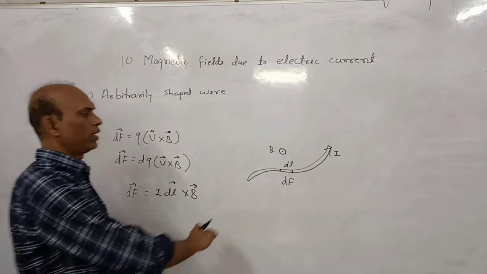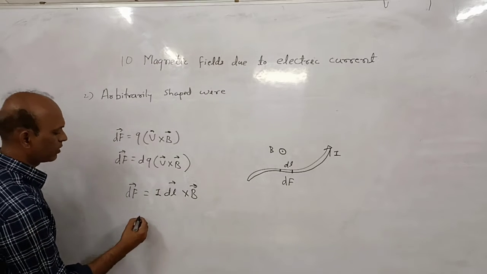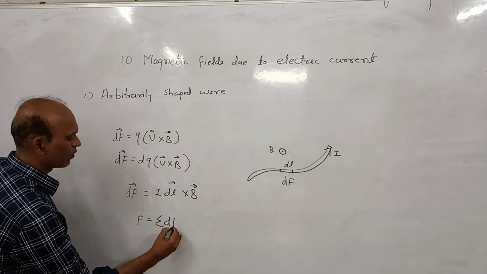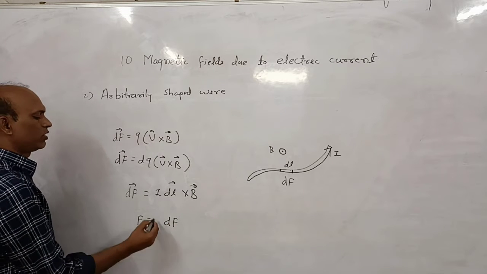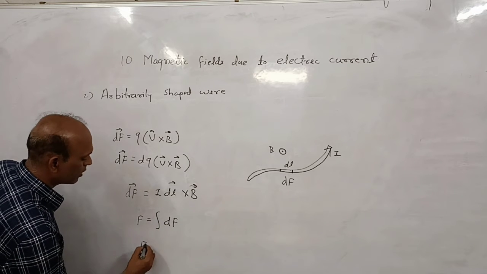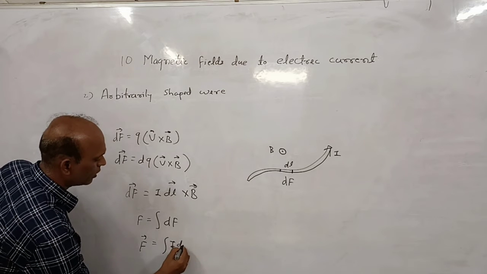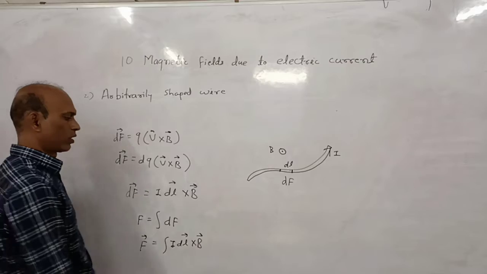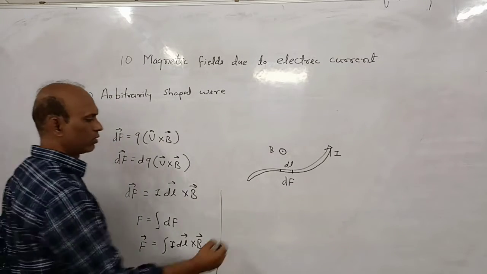If you want to calculate the entire force on this wire, it will be the summation of dF. So integration, because the angle is changing, so we will take the integration of dF. This will become F is equal to integration of I dl cross B. The constant term will be out of the integration.